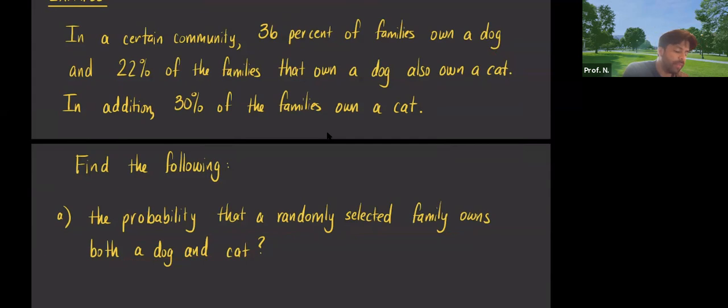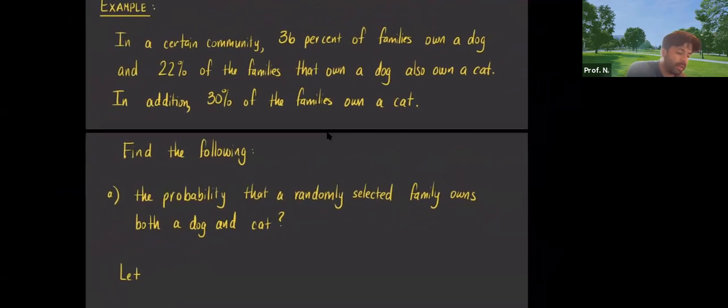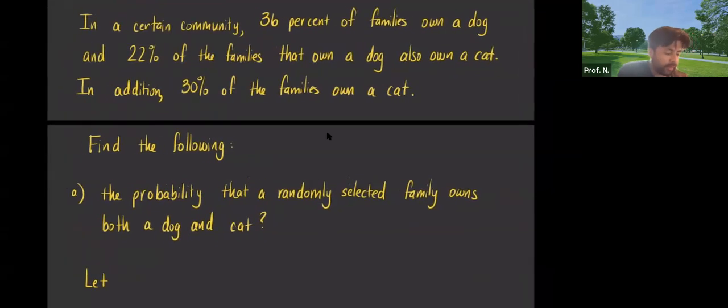So again, the most important thing, first of all, is to define your events. So what should we define our events to be? Anybody have an idea? Where should we begin? How should I define my events?